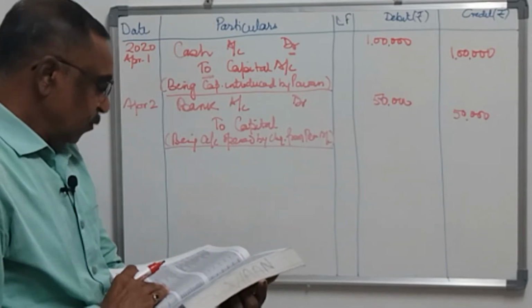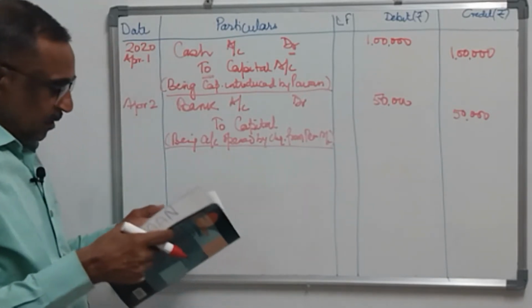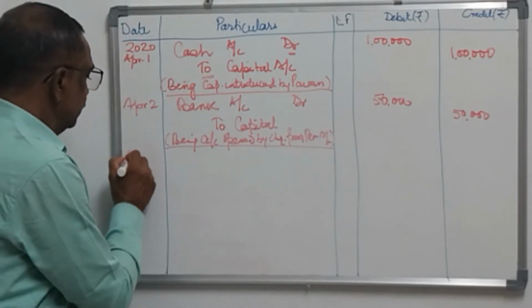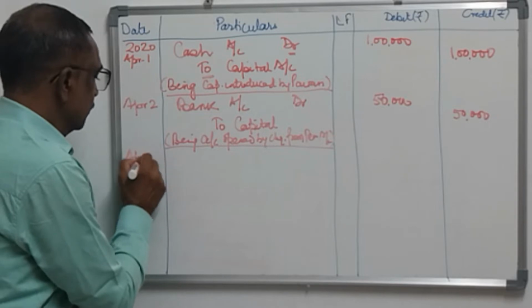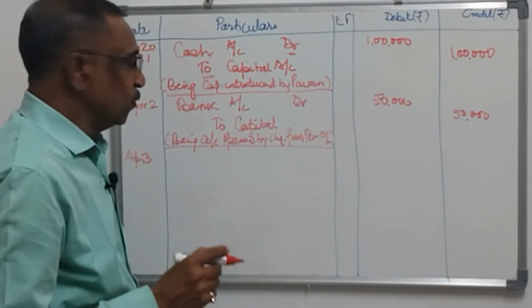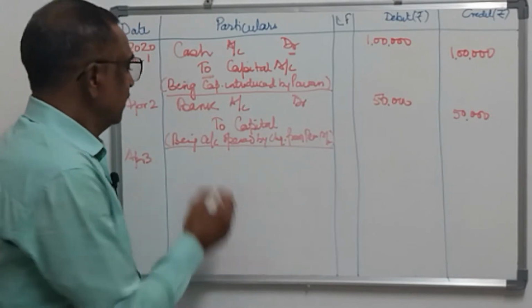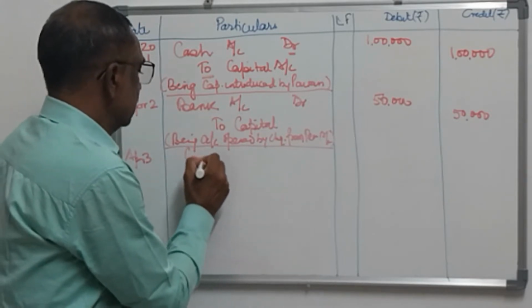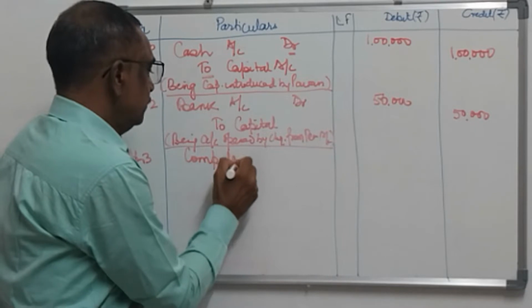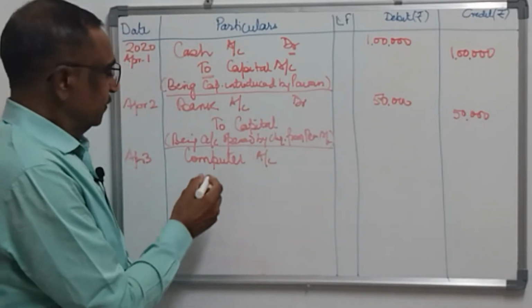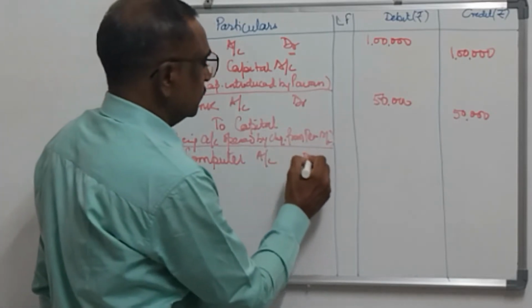Purchased computer against cash on April 3. April, purchased computer against cash. So your business is getting computer. So we will open account in the name of computer.